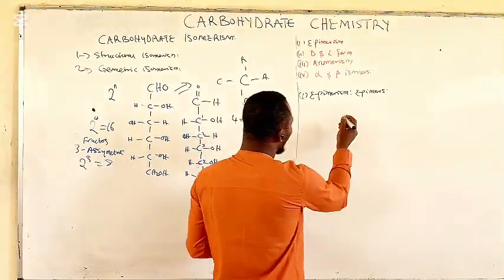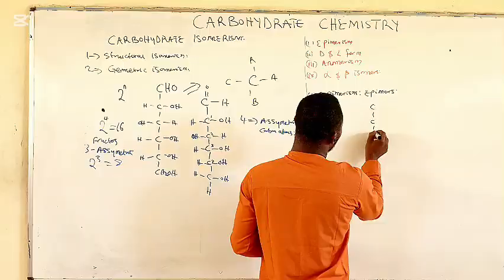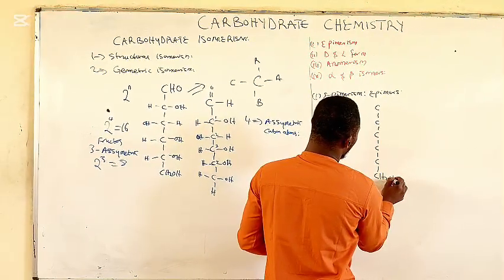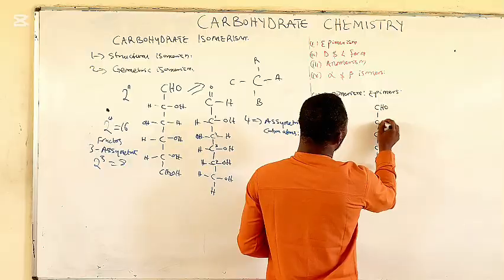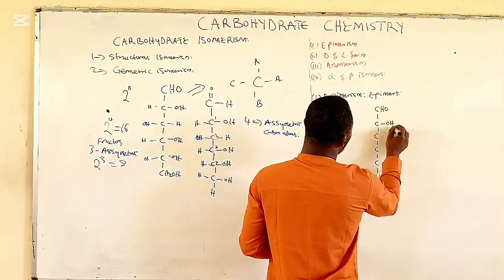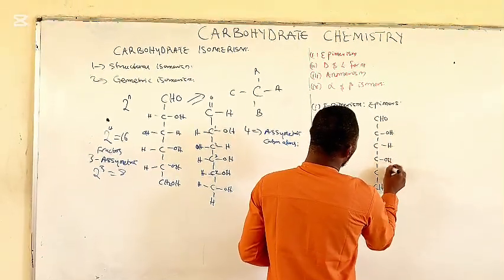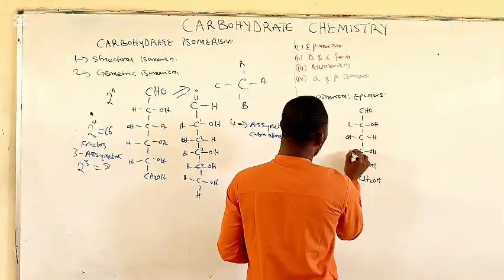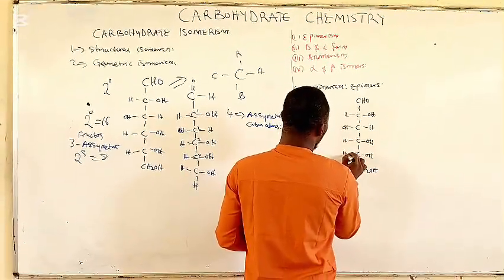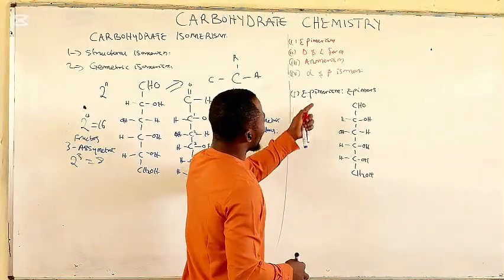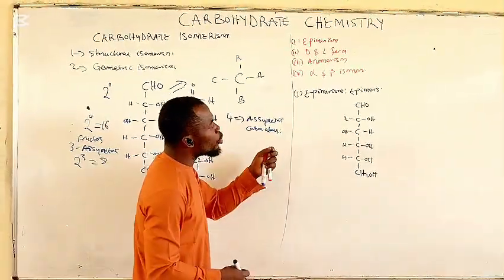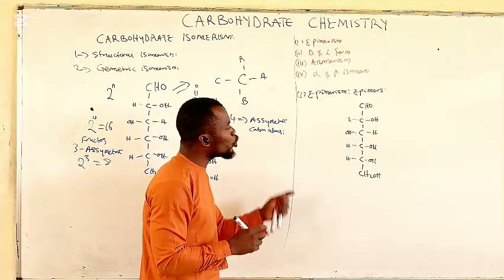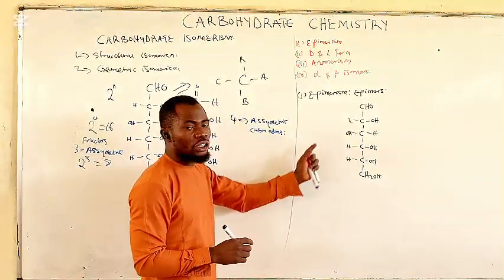Now let's draw the structure of glucose: carbons 1, 2, 3, 4, 5, 6. This is the structure of glucose. Epimers are those 2 molecules that differ from each other at 1 carbon atom due to the difference in the orientation of the OH.